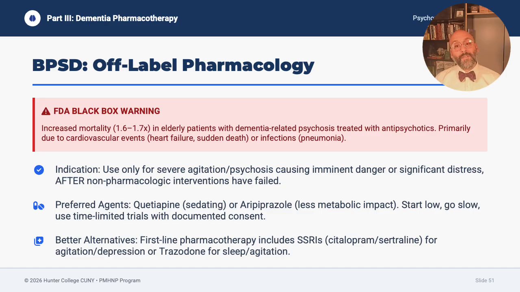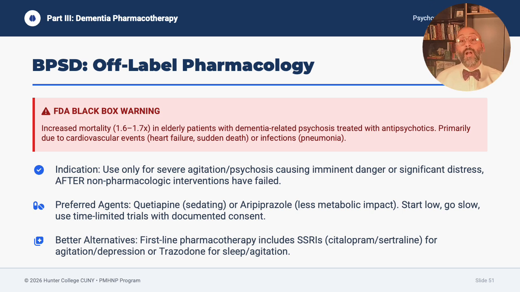Because of that, antipsychotics are never first-line treatment for behavioral and psychological symptoms of dementia. So it's a very narrow indication: severe agitation or psychosis causing imminent danger or extreme distress after non-pharmacologic interventions have failed.